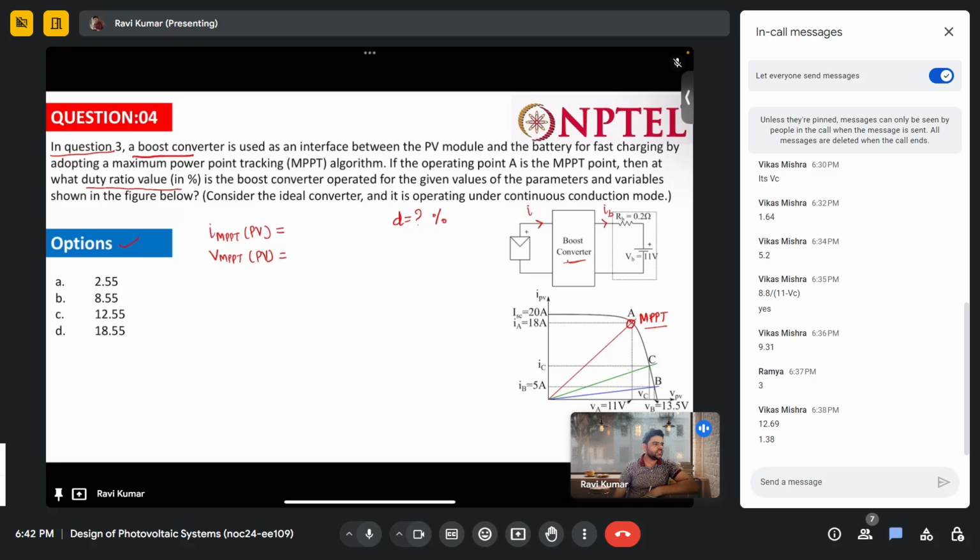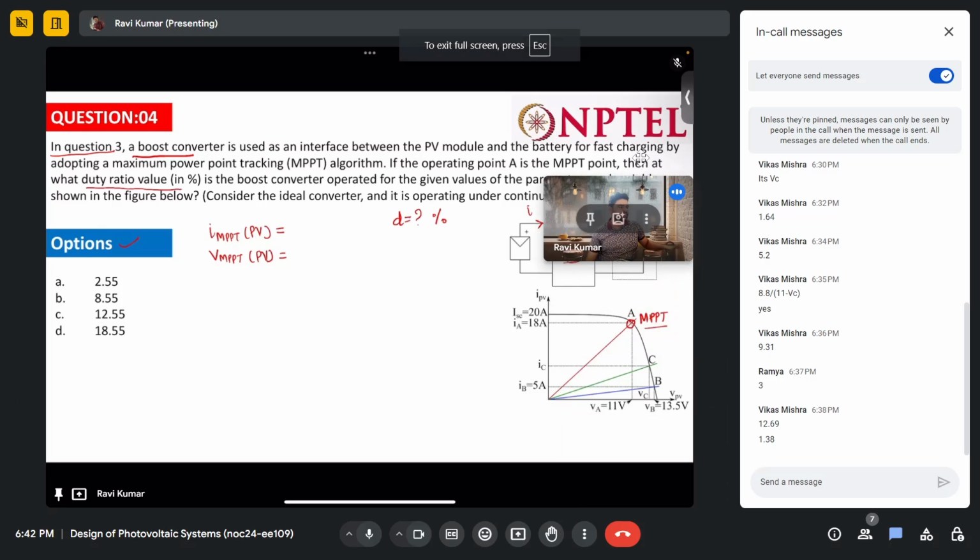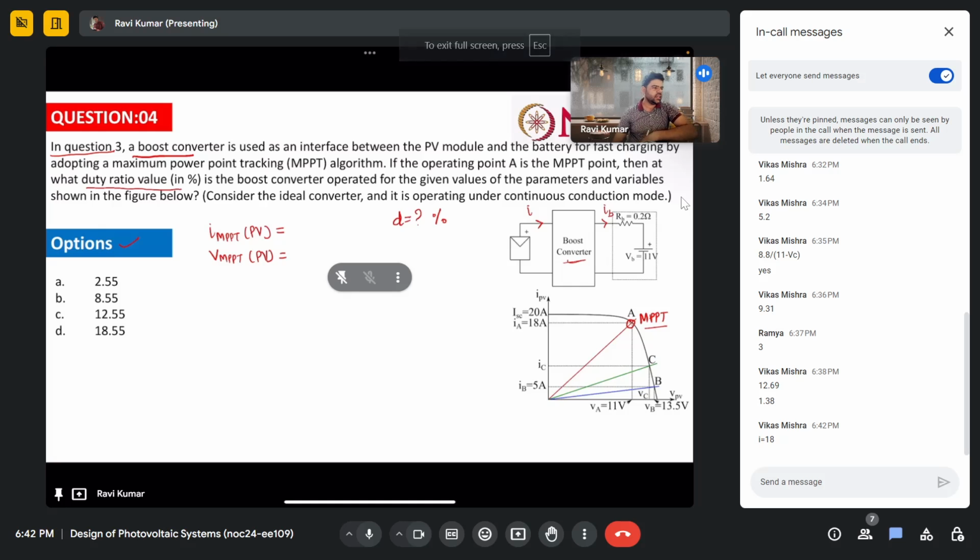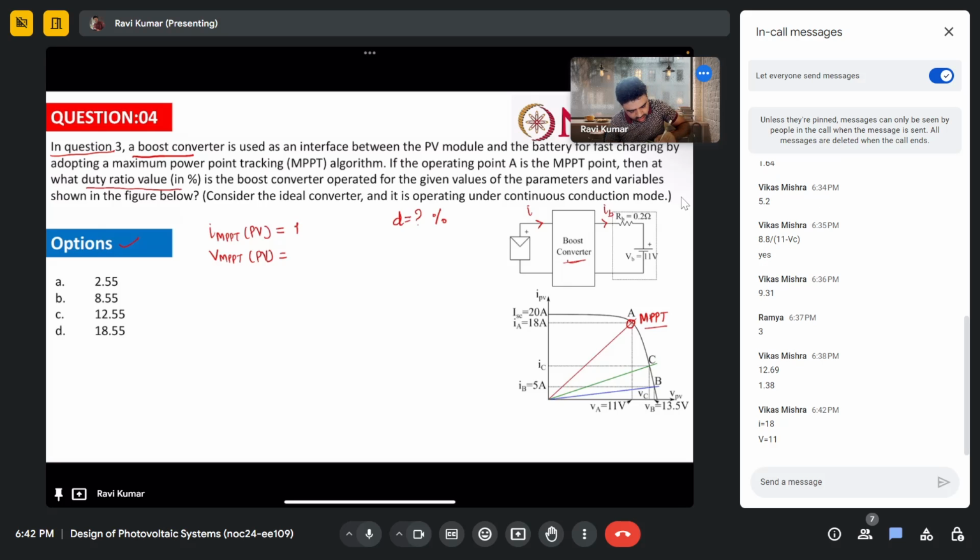It is clearly visible from the IV characteristics only. The voltage at A and current at A are 18 ampere and 11 volt.